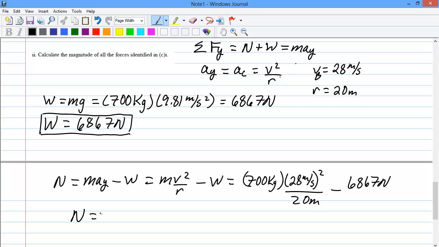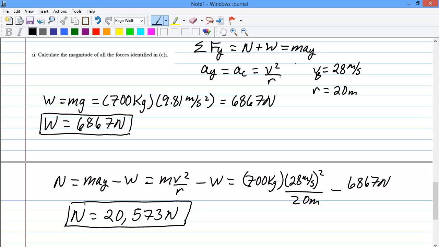So N is going to equal 700 times 28 squared, divided by 20, minus 6,867. That is going to give me a normal force of 20,573 newtons.